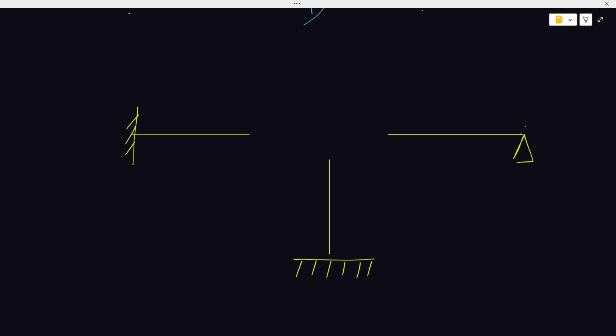Remember that even in slope deflection, I always assume that the member end moments are always counterclockwise. This is counterclockwise. Clockwise. This is the joints.